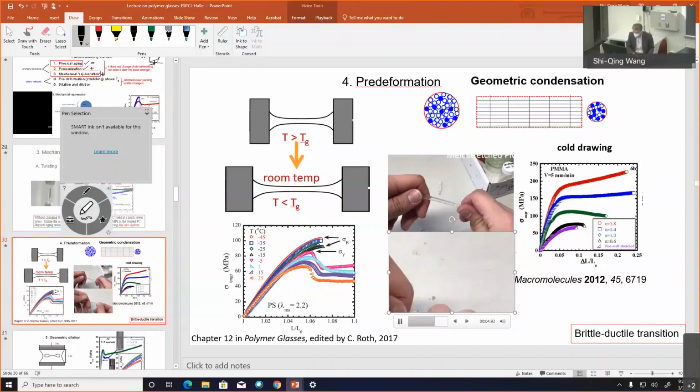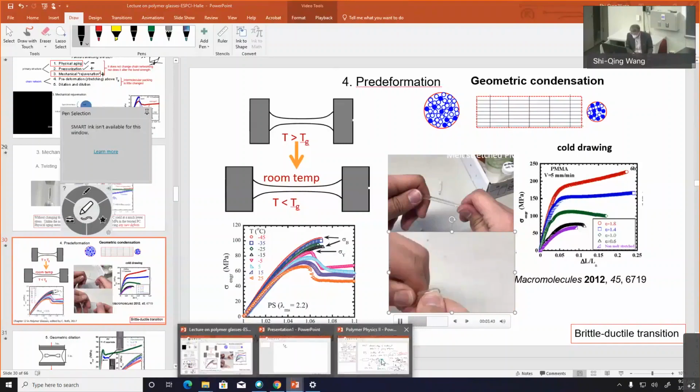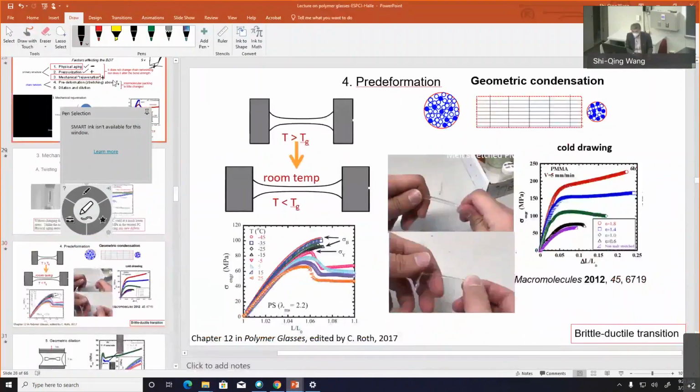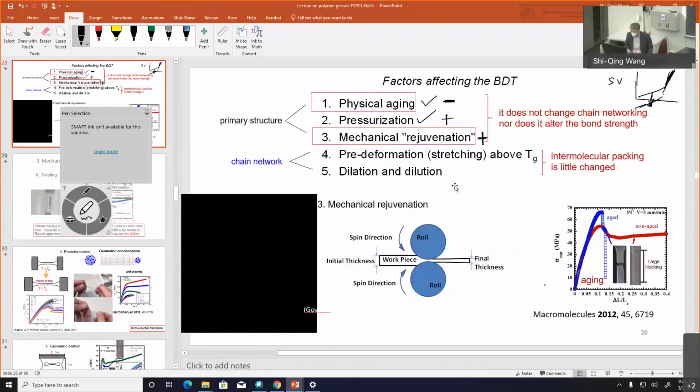Okay, so a mouthful. So I said quite a bit about it, but let's go back to what it does. So apparently you observe that the effect of that melt stretching is to make it more ductile.